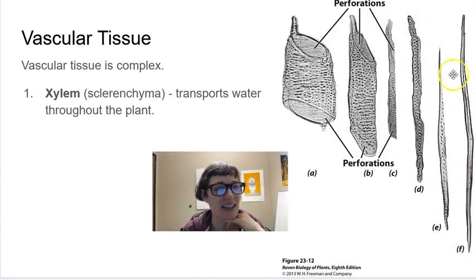And then this one here on the far right is a fiber. This one actually might be a vessel element too. Now I can't tell because it kind of looks like it has the weird wall thickenings. So difficult to tell apart unless they're super wide, but we have some overlap in size between tracheids and vessel elements. But tracheids will not have that perforation plate up at the top.